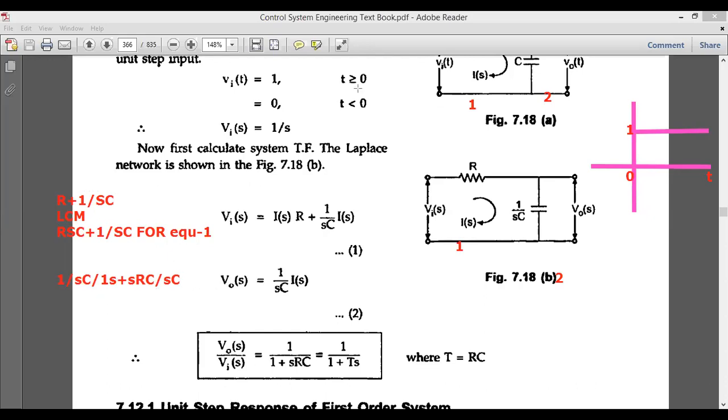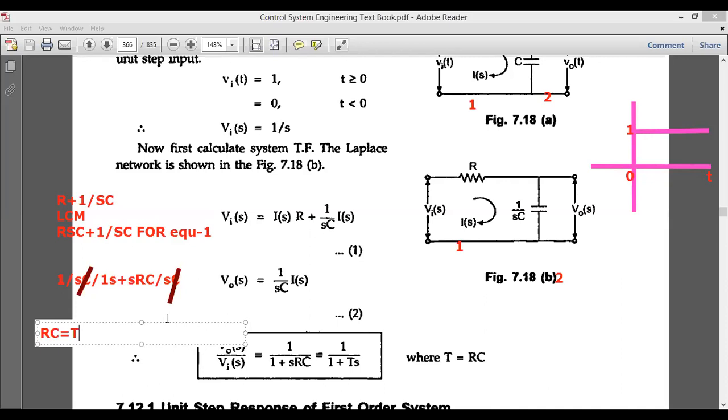The SC in the numerator and the denominator will get cancelled, and what remains is 1 divided by S multiplied by RC, where this RC is nothing but the time constant T, or simply T is equal to RC.